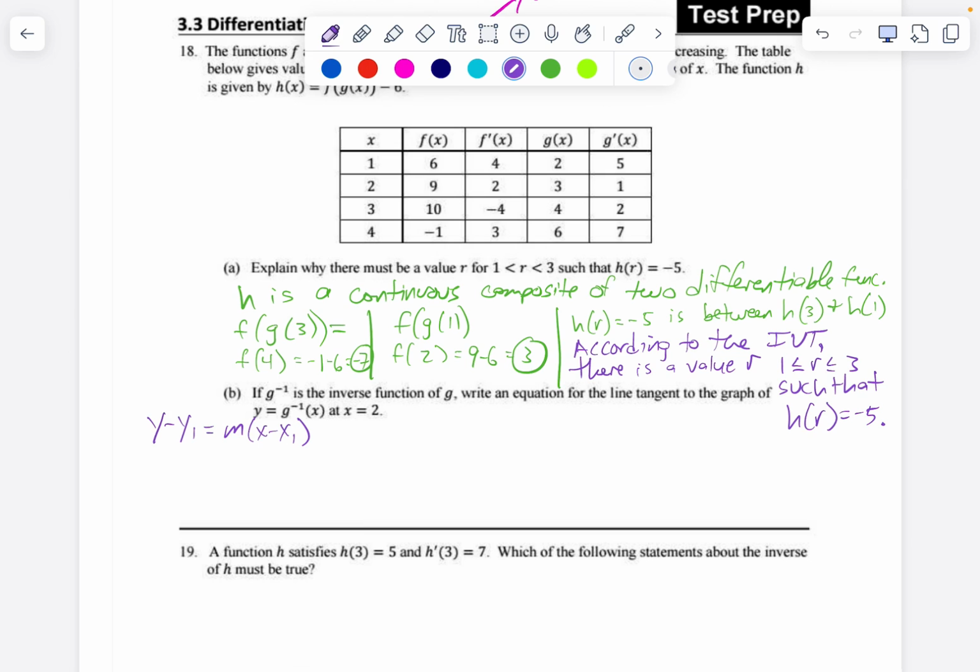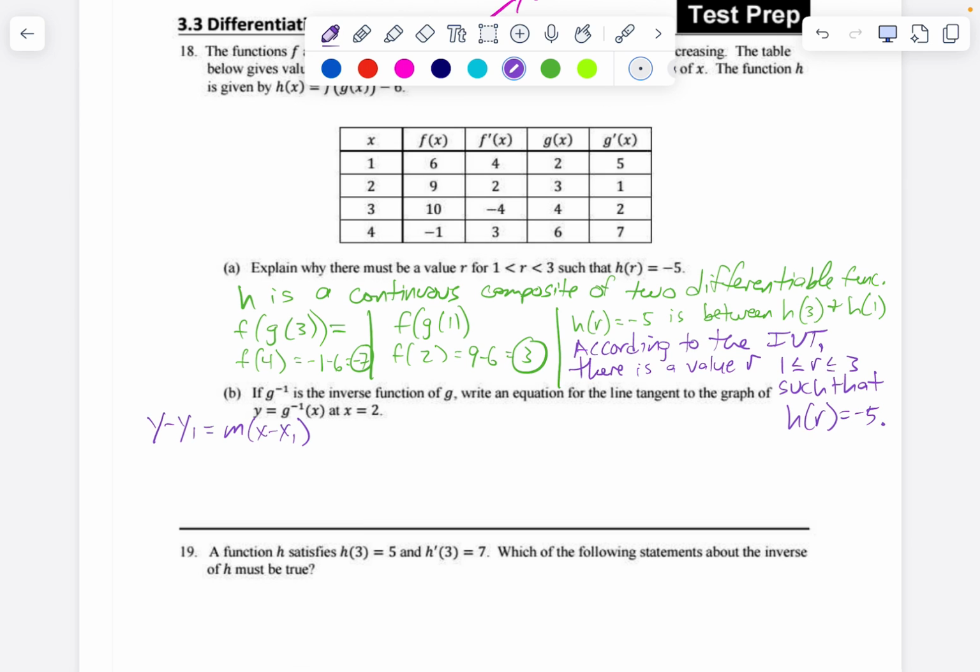All right, so obviously we need y1 and x1 and m, right? How do we get those? Oh, you're right. We use the table. Okay, let's go back to the problem, though.